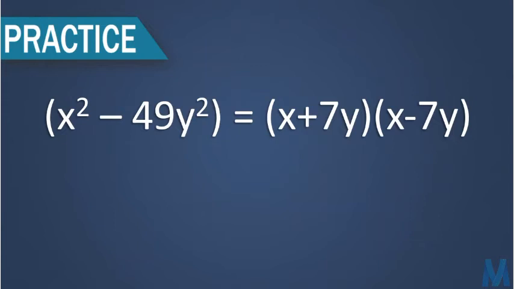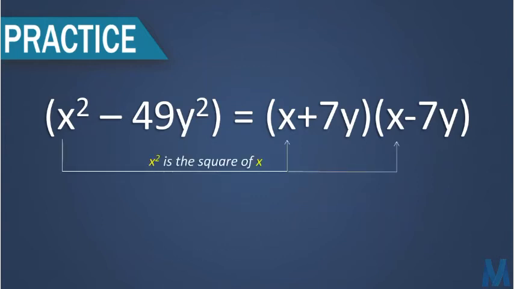And y squared is also a square pattern, check. And it's a difference of two squares. So therefore we're going to use the pattern. So we have x plus 7y times x minus 7y. So x squared is the square of x, and 49y squared is the square of 7y.